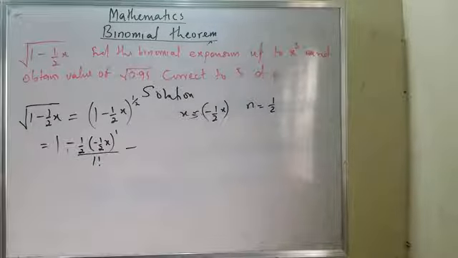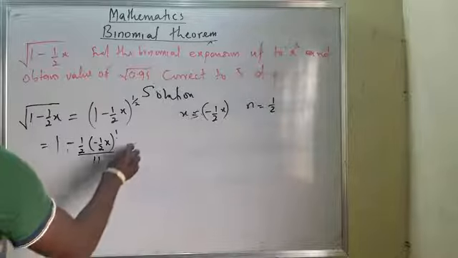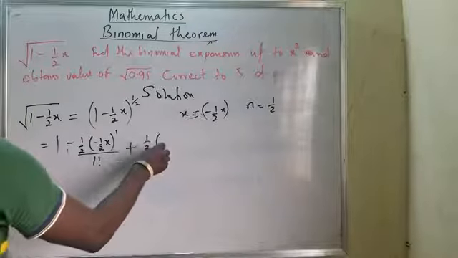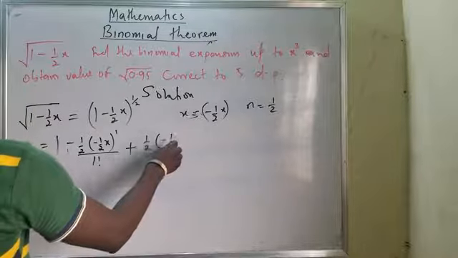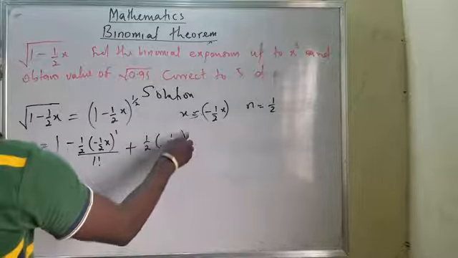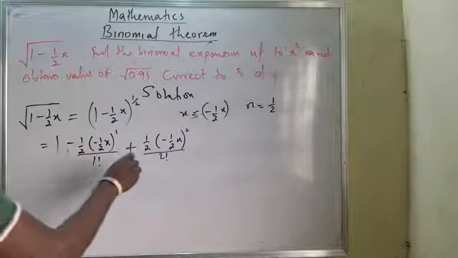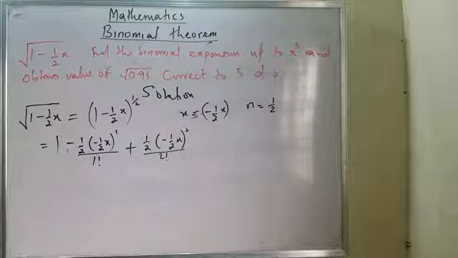and here will be plus, now, okay, plus, this will be 1 all over 2, bracket of minus 1 all over 2x, bracket of 2 divided by 2 factorial, and yes, 2 factorial.